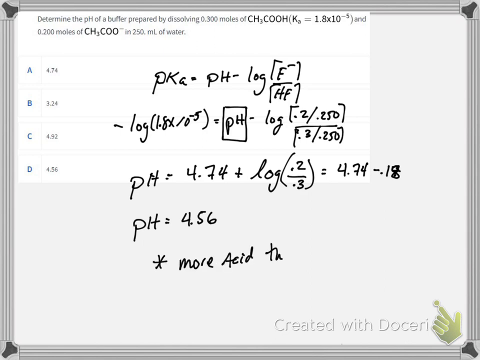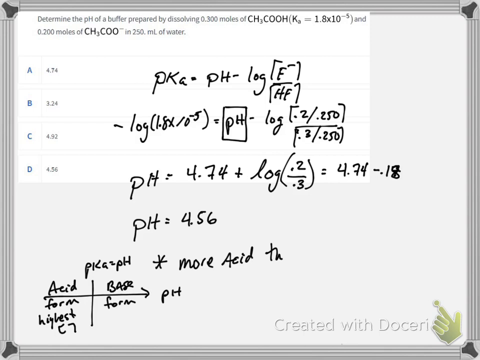And then we ask, does this make sense? We have 0.3 moles of the acid, but only 0.2 moles of its conjugate base, so we're on the acid side. If we make our pH line here, the acid form has the highest concentration on one side, and the base form on the other.